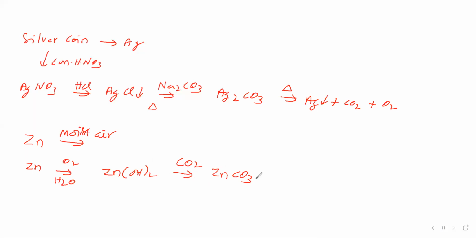Zinc carbonate and zinc hydroxide together become basic zinc carbonate, which contains zinc carbonate with 3 times zinc hydroxide for every zinc carbonate. So zinc on exposure to moist air, its surface becomes basic zinc carbonate like this.